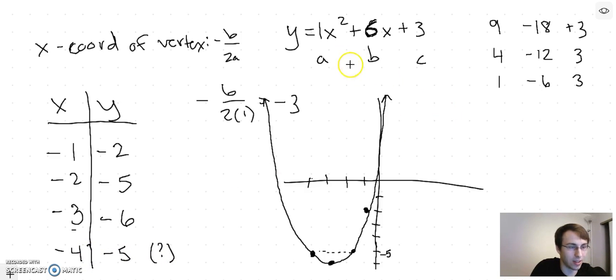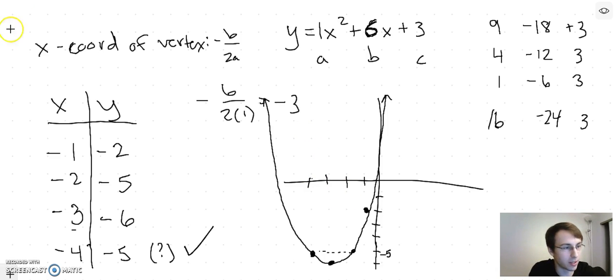Let's go ahead and check it. This would go to 16. This one would go to 24. This one would go to 3. So 16 plus 3 is 19 minus 24. That is negative 5. Cool. So that's how you can graph a parabola pretty quickly by finding the vertex.